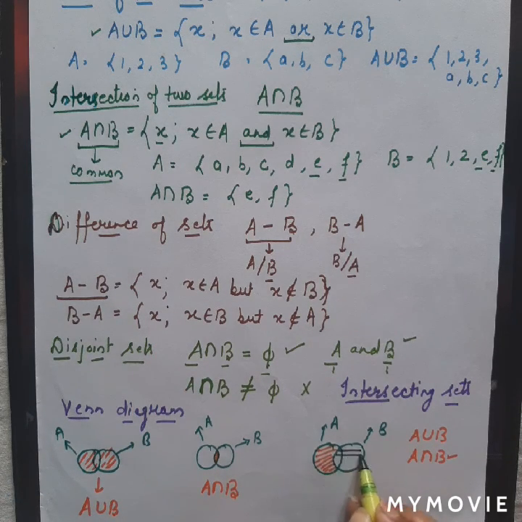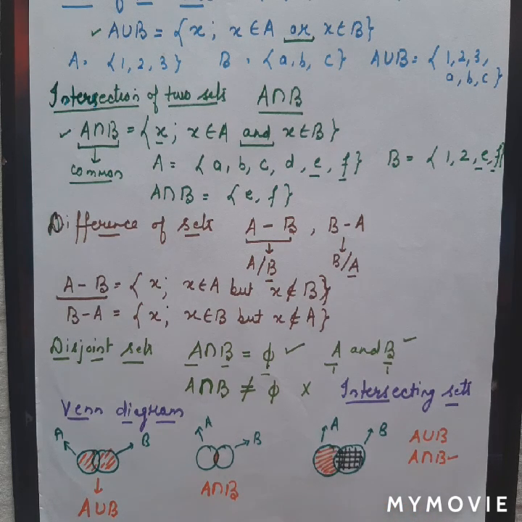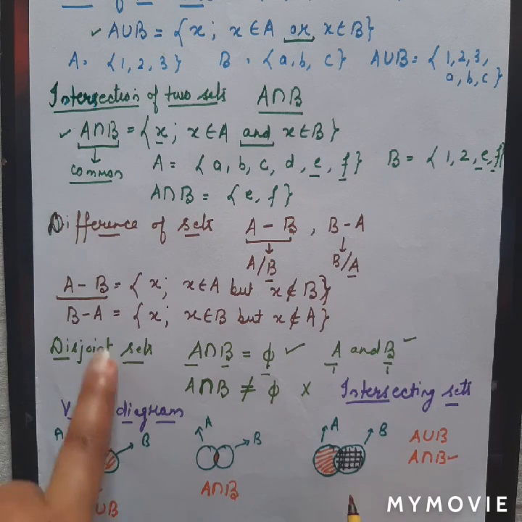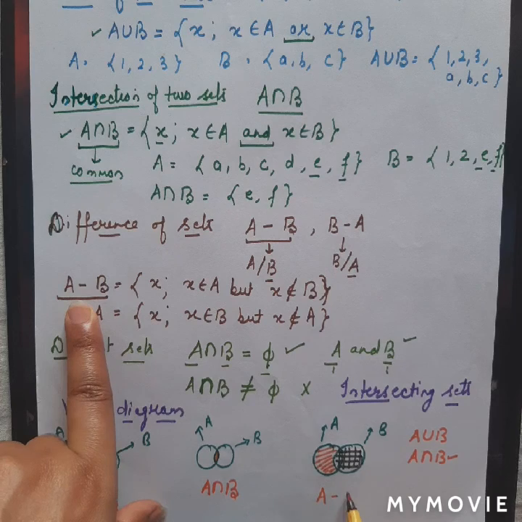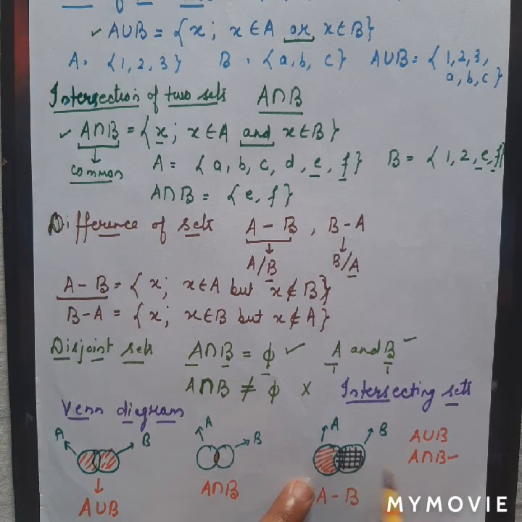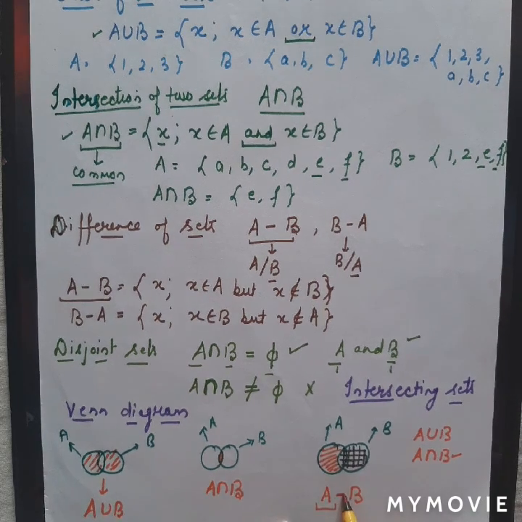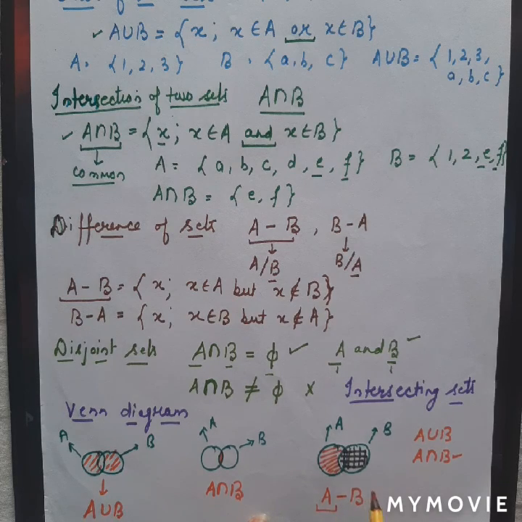We are not considering this portion. This is completely rejected here. Only this portion is accepted. So this is A minus B. We are completely rejecting B. Even those elements of A which were present in B, we are rejecting those elements also. So the left portion of A, which is not present in B, is represented here. So this is the representation of A minus B.